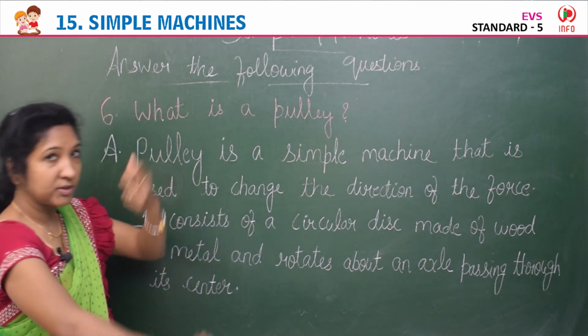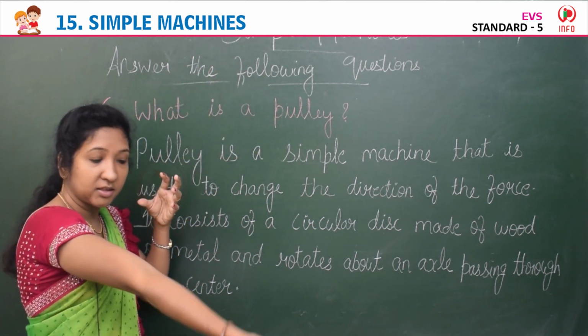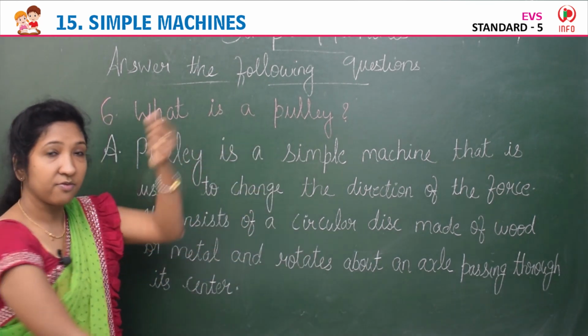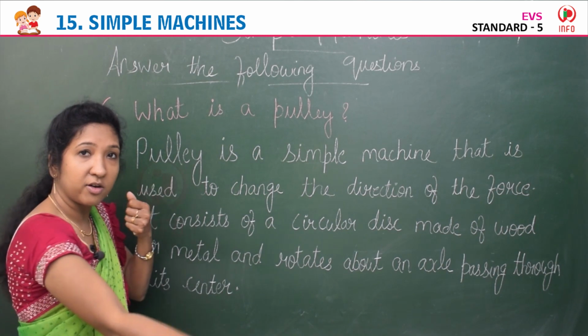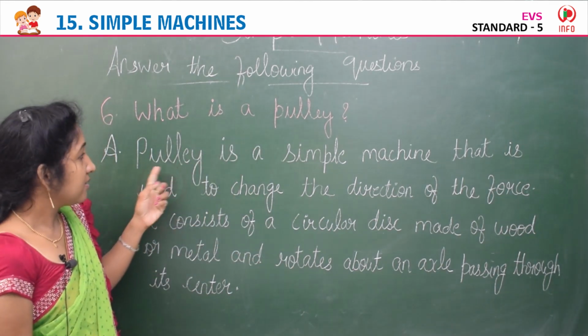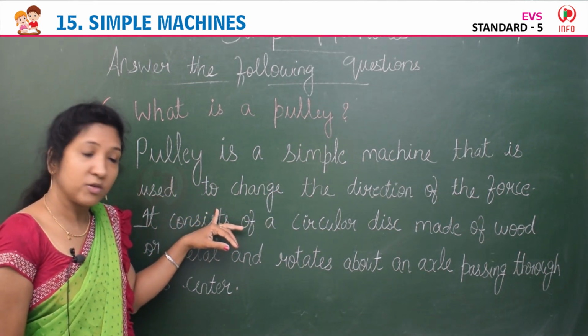We are applying force here. First we put the rope with the bucket inside the well. Then we apply force, and the rope with the bucket of water comes up, isn't it? So, it's a simple machine that is used to change the direction of force.